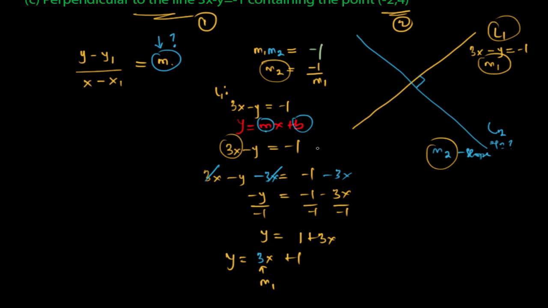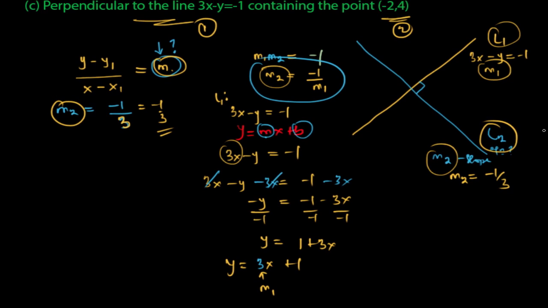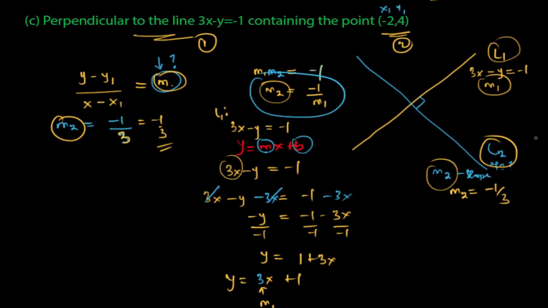Since I've already found my m1, using this formula here, m2 is just going to be -1 divided by m1, which is 3. So this is -1 all over 3. This is the slope of the line which you want to find, that is, m2 equals -1 all over 3. Now I already have the slope of the line, and I already have the information about the point it passes through, that is, I have my x1 and my y1.